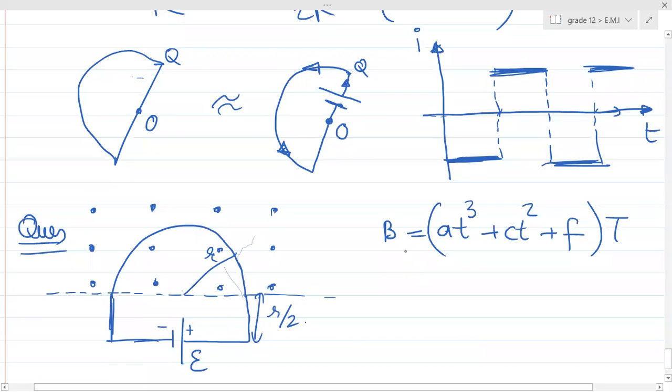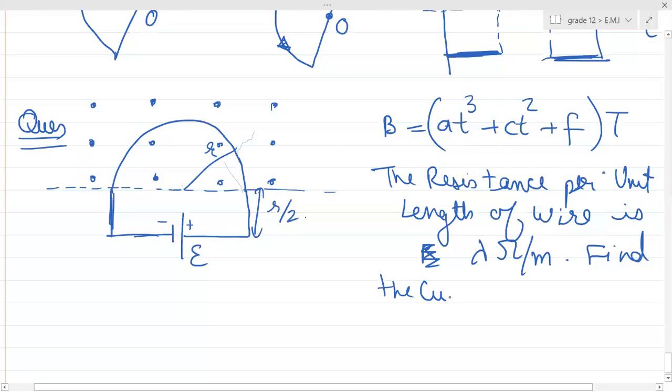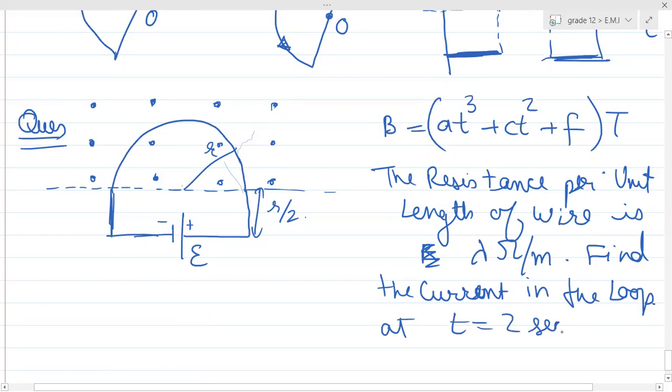Okay. The resistance of wire per unit length of wire is lambda ohm per meter. You need to find out what is the current in this loop.